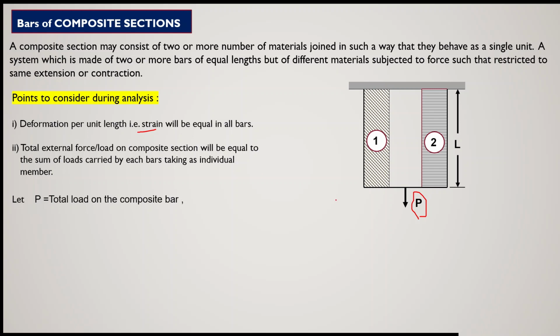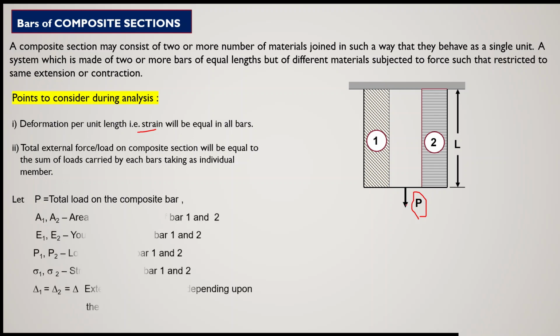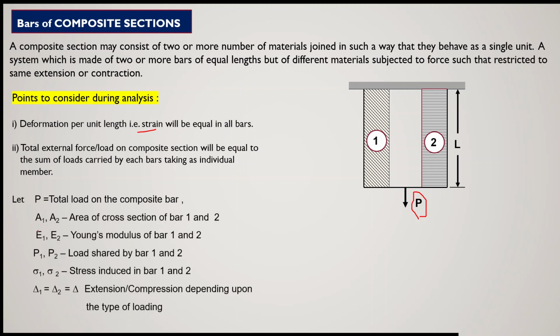Now let us consider P is the total load on the composite bar. If A1 and A2 are the cross-sectional areas of bar 1 and 2, because if it is a circular member there will be some diameter, so A1 and A2 are the cross-section areas of bar 1 and bar 2 respectively.